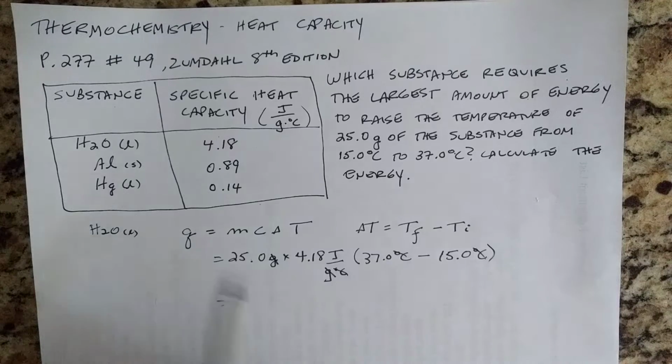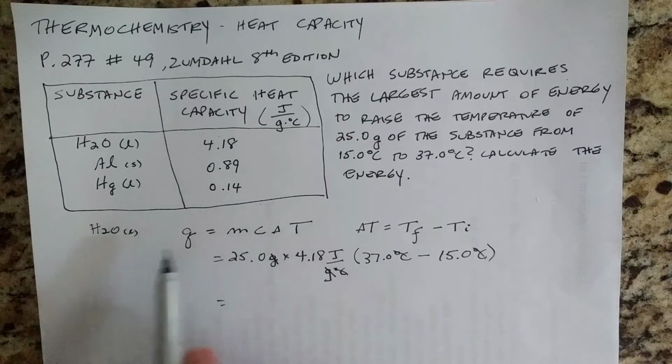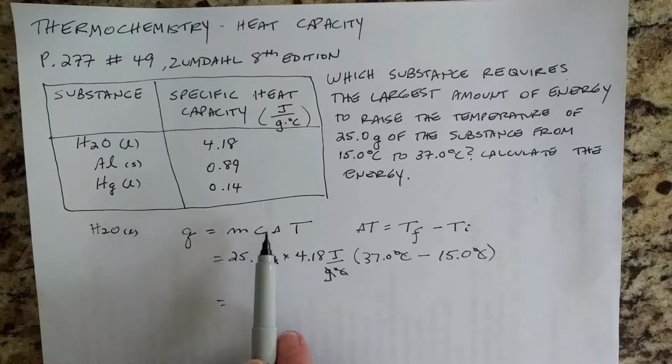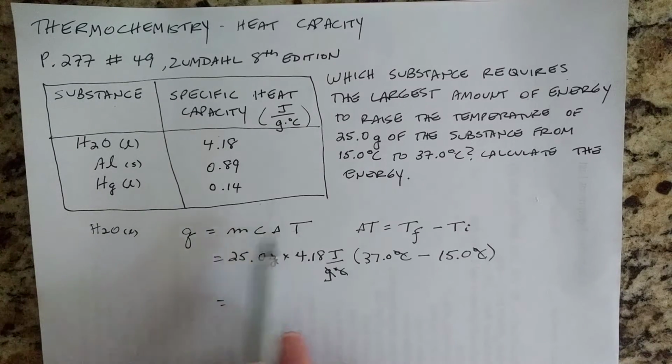And we can see that for having 25 and our delta T the same, the larger the C, the larger the Q. Q and C are directly proportional when m and delta T stay the same.